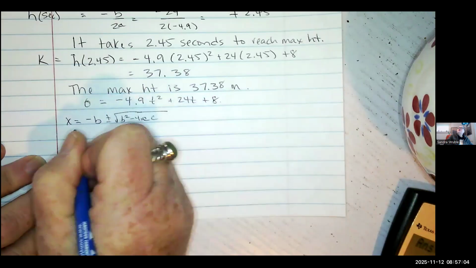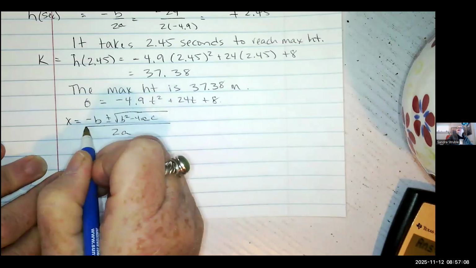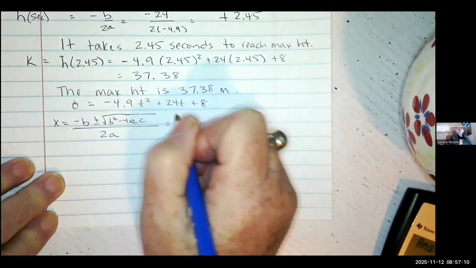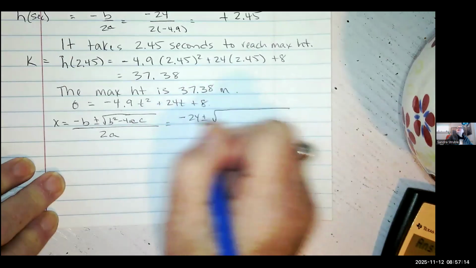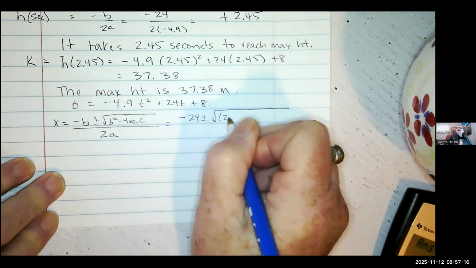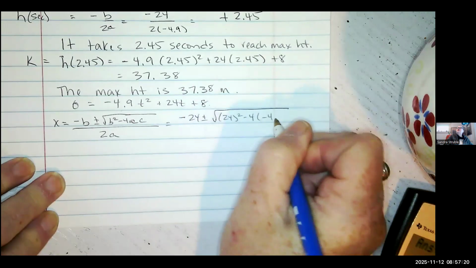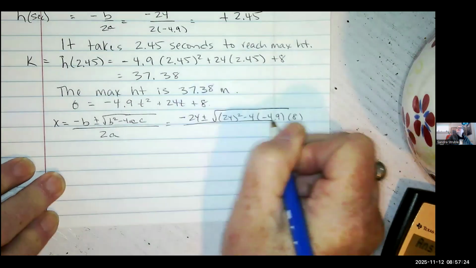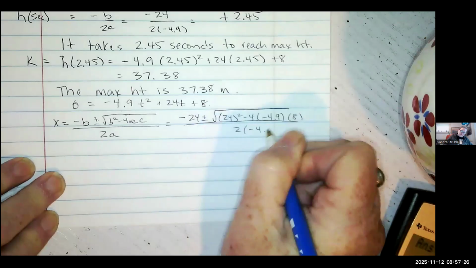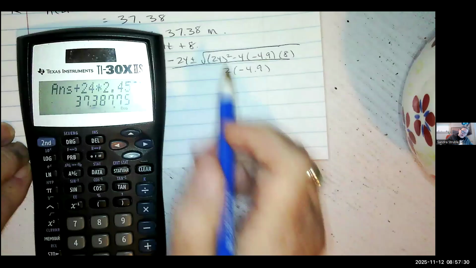Make sure your line goes all the way over here. So that is negative 24 plus or minus the square root of 24 squared minus 4ac, all of that over 2 times a. I'm going to put what's underneath the radical in my calculator, 24 squared.